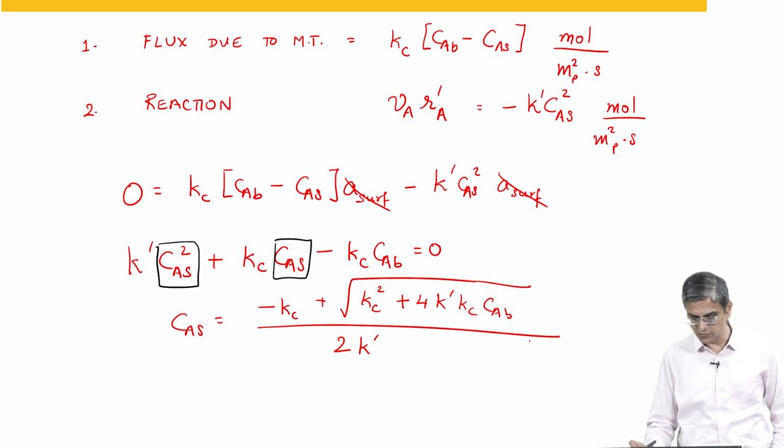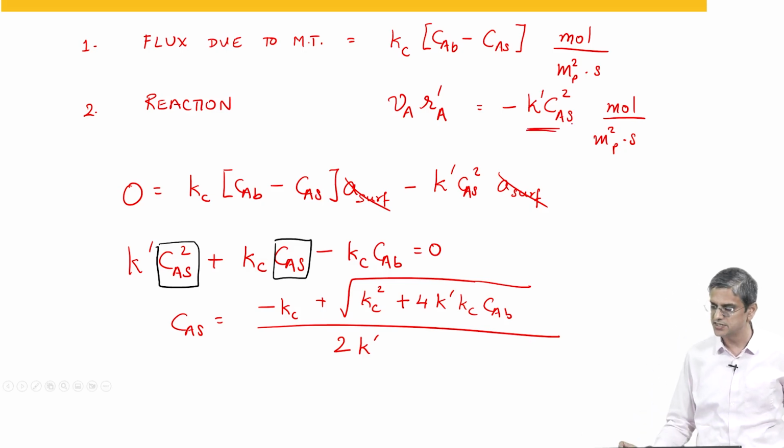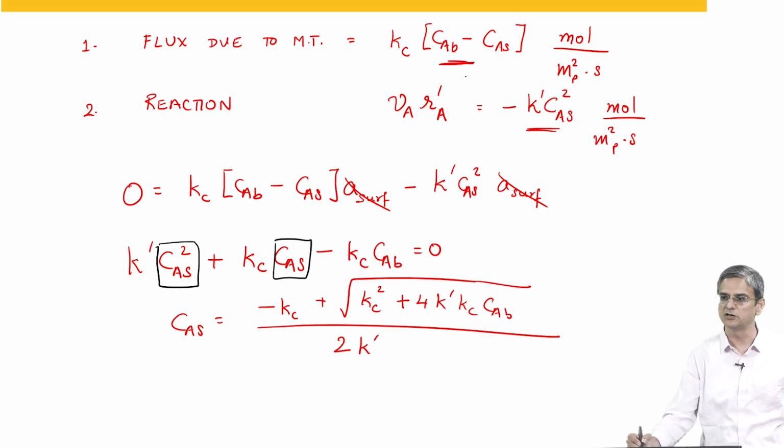Observed rate of reaction will either be K dash multiplied by CAS squared, or it will also be equal to this expression. So whichever expression you want to use, you can use.